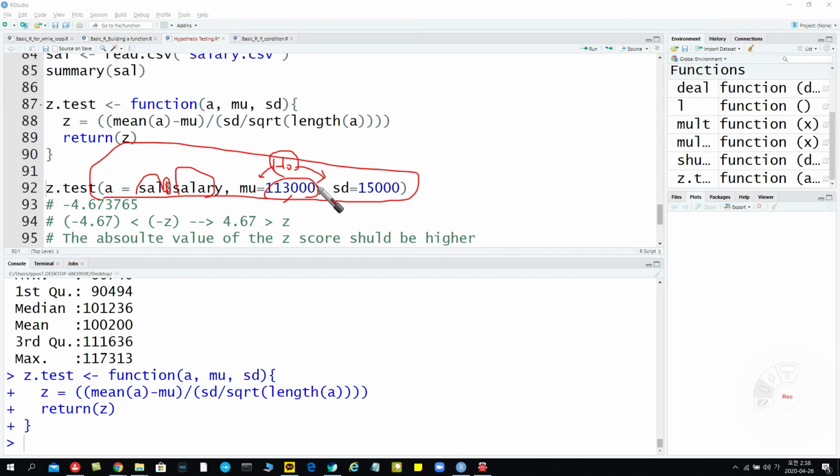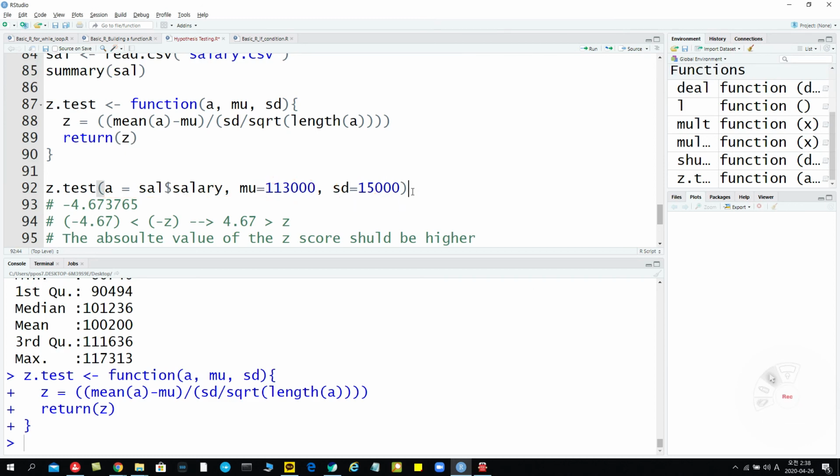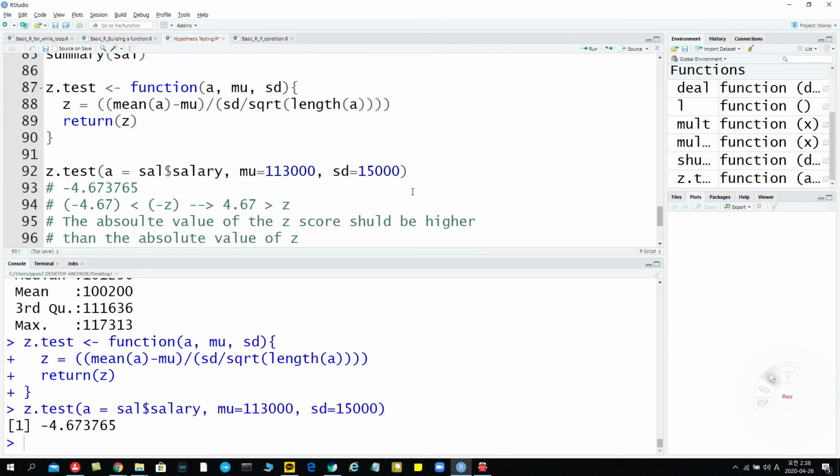The standard deviation is $15,000. After that, press Control Enter, and you can get this result. You have to interpret this result.